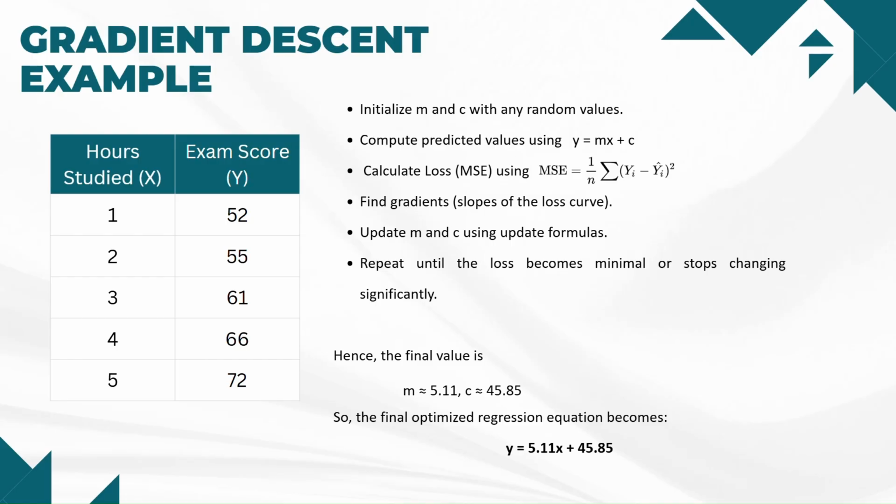We find the gradient values, update m and c using the formula, and then we repeated the process. Finally, the final values of m and c came out to be m = 5.11 and c = 45.85. Hence, the final optimized regression equation becomes y = 5.11x + 45.85.